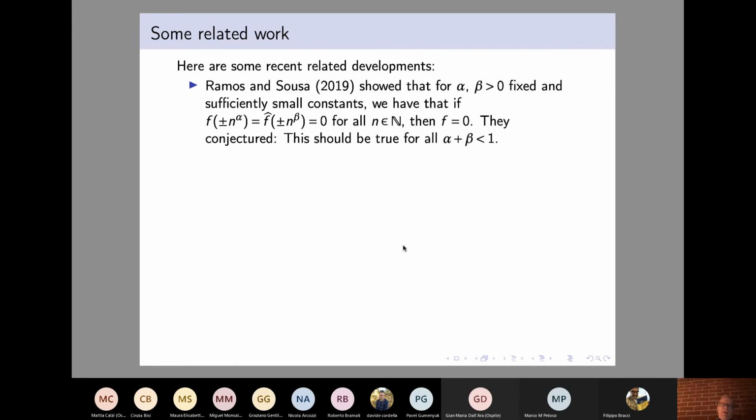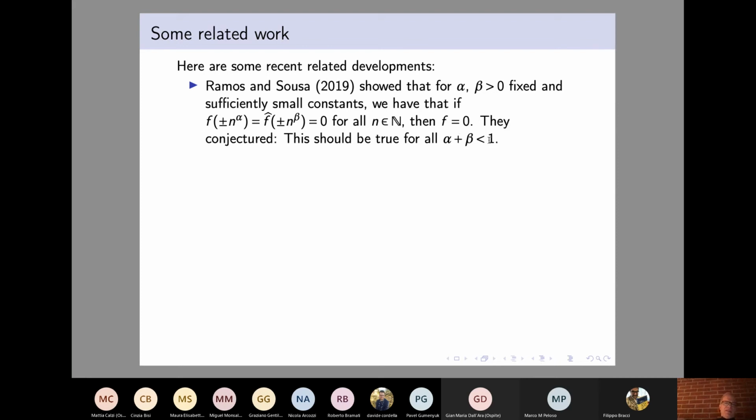So Ramos and Sousa had the idea that one could extend Radchenko-Viazovska to other sequences, and they specifically were wondering about what happens if you take n to the alpha and n to the beta instead of as Radchenko and Viazovska had. They had the square roots of the integers, right? So then alpha and beta would be a half. So they were wondering if you could do the same if you have that alpha plus beta is strictly less than 1.